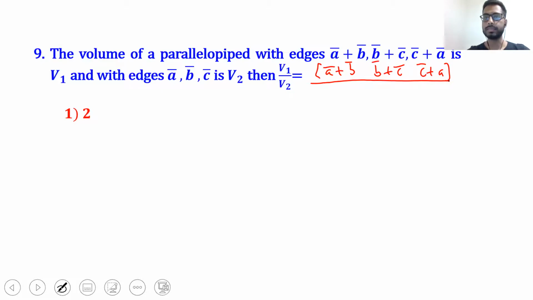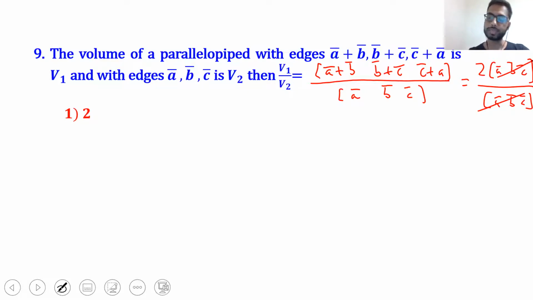Volume 2 edges are A, B, and C, so the volume of that would be the box product A, B, C. A plus B, B plus C, C plus A. We know that this is nothing but 2 times ABC. Cancel this out. Answer is equal to 2 is to 1.